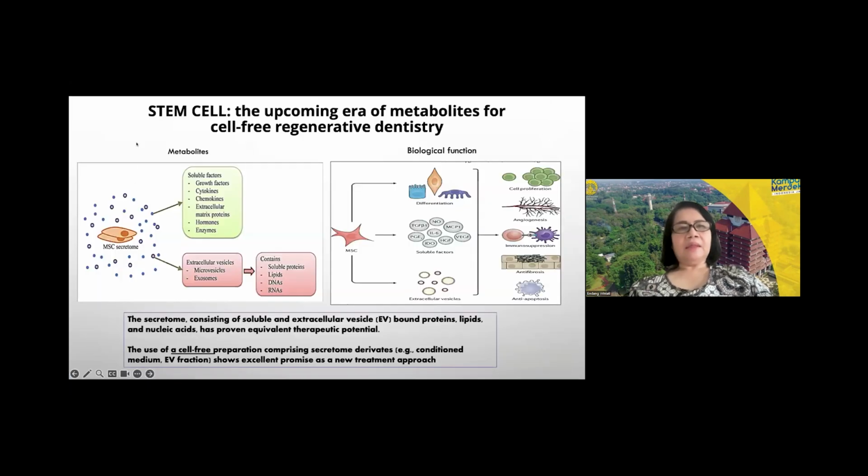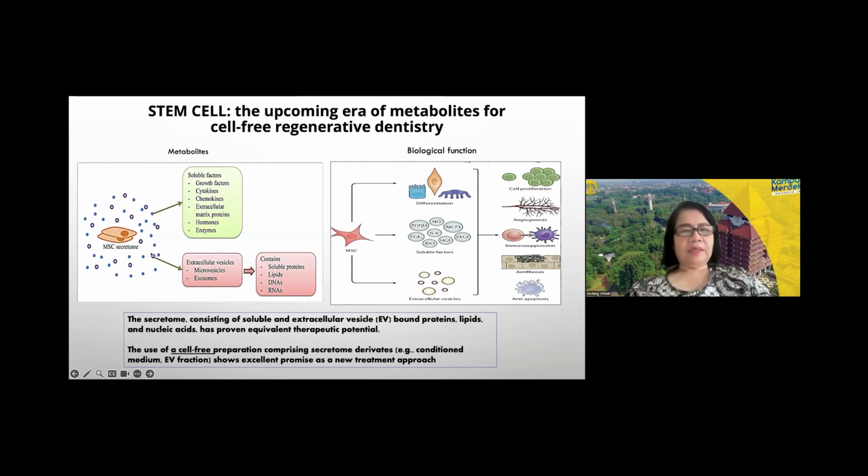So here, in the area of stem cells, there is an upcoming era of metabolic cell-free approaches for regenerative dentistry. We exploit the metabolites from the stem cell culture that secrete soluble factors and consist of growth factors, cytokine, chemokine, extracellular matrix protein, hormone, and enzyme.